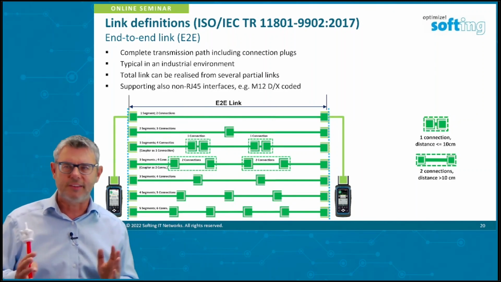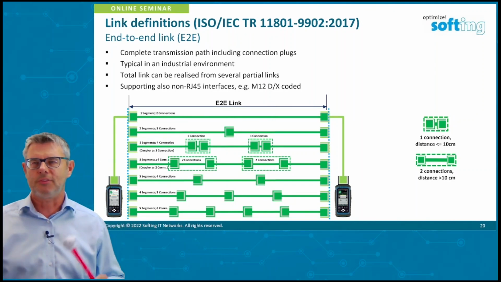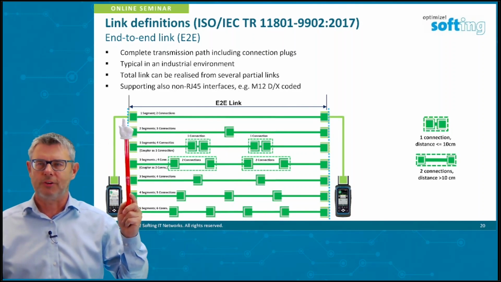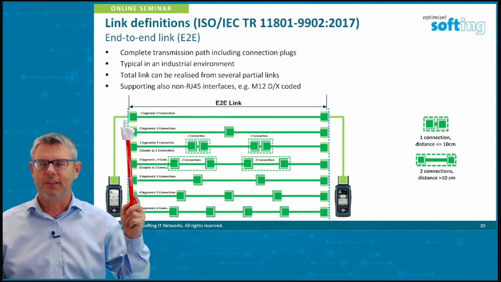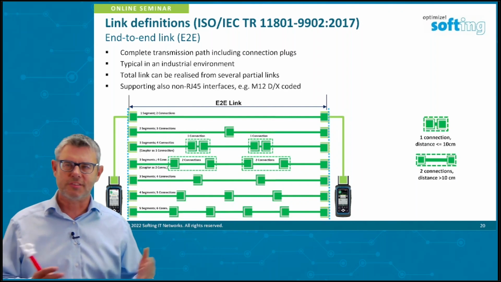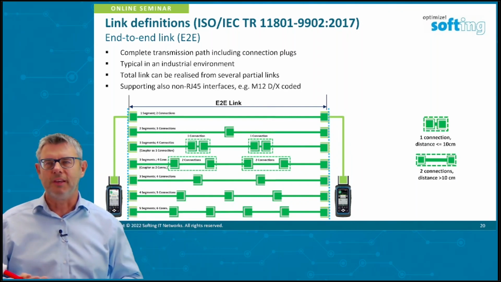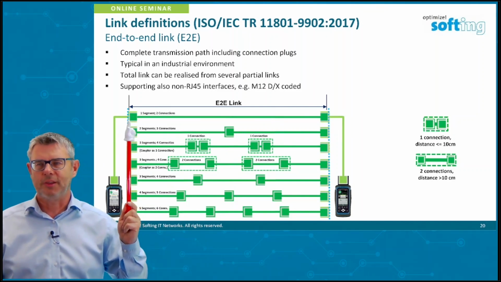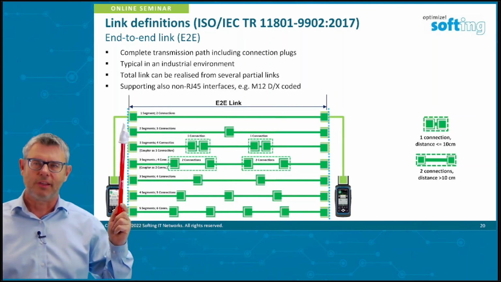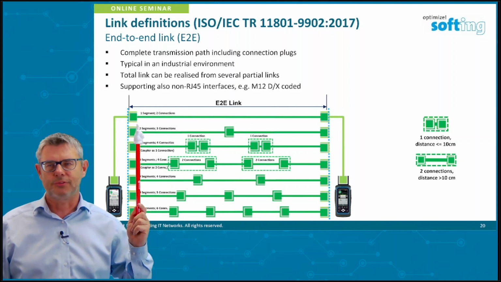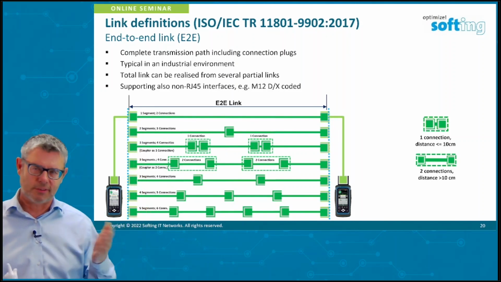There are a variety of different connectors. And we have to make sure that we always have the proper reference part on this side to do a proper measurement. So our system here at Softing allows us to swap the reference part of the measurement connector here, and then we can adapt to every different type of connector in the industrial environment.